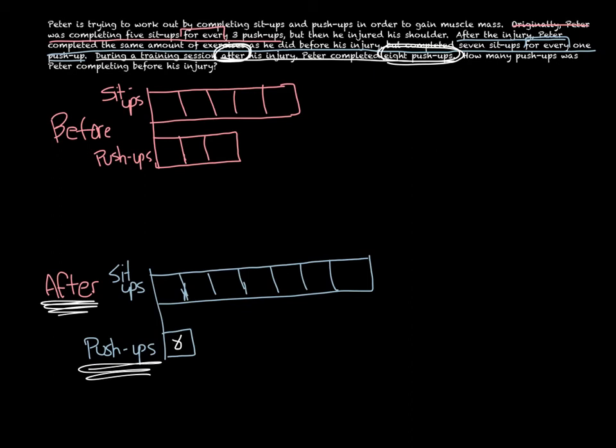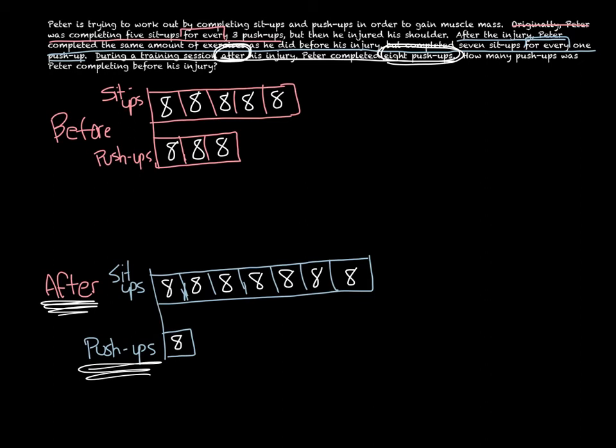I'm just going to put 8 inside that box. Now because of what we just went over, we know all the boxes are equal. So that means I can put 8 into every single box, not just for the after tape diagram, but also up here in the before, because each tape diagram for the before and after his injury both had 8 total boxes.